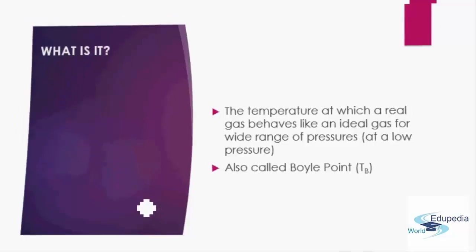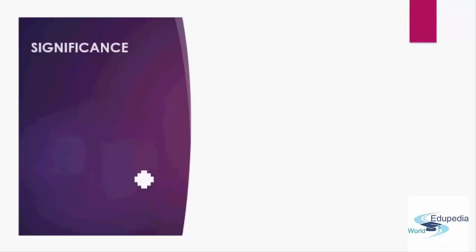Let's analyze this topic further. So what is the use of TB? The main use of TB is that if your temperature is greater than Boyle's temperature, then you can be pretty sure that your Z is always going to be greater than 1.